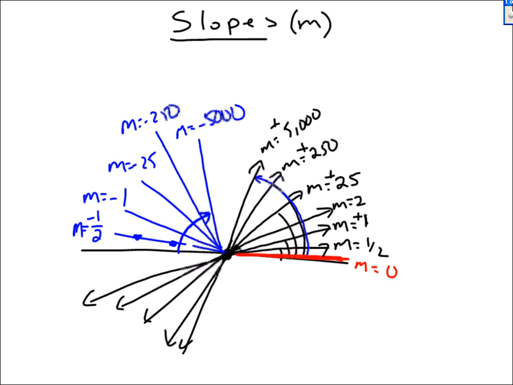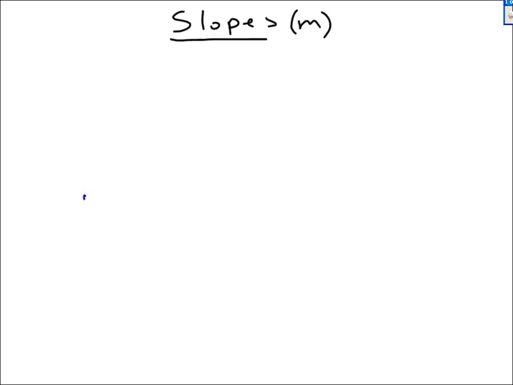Same with the blue lines, the ones that have negative slopes. So that's what slopes are. It measures the steepness of a line, and it tells you if it's a positive slope or a negative slope.